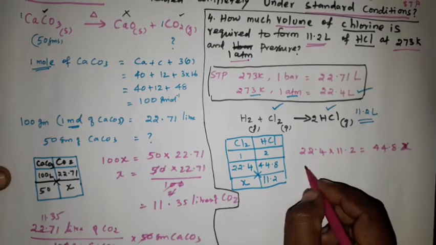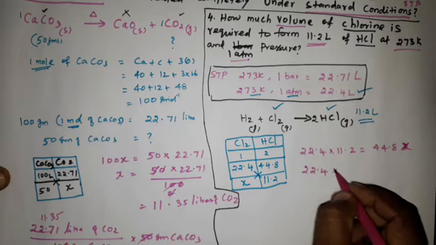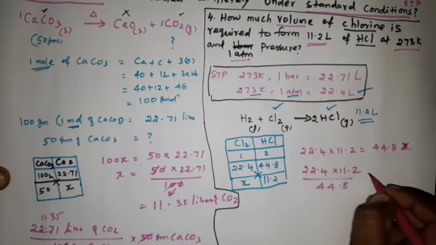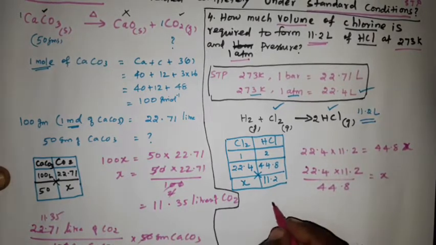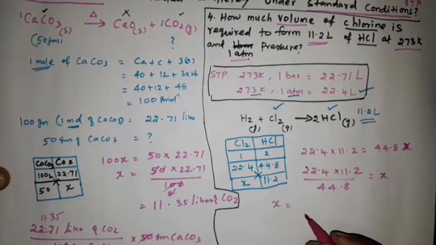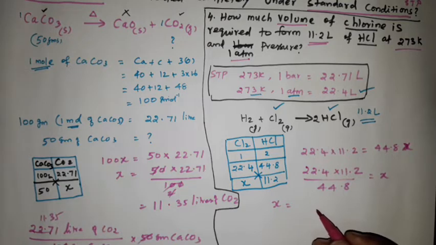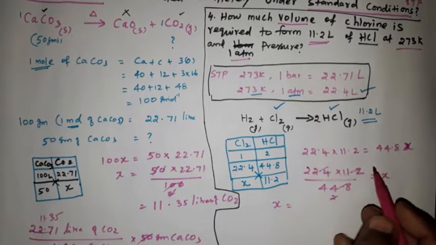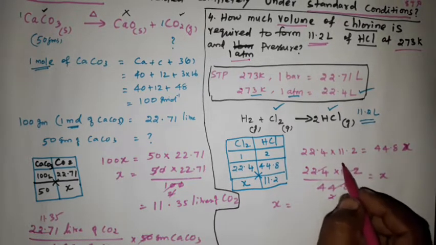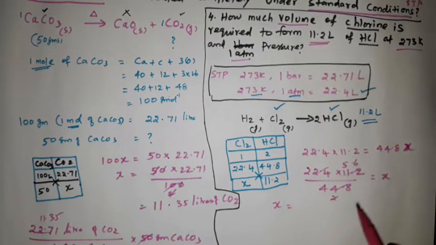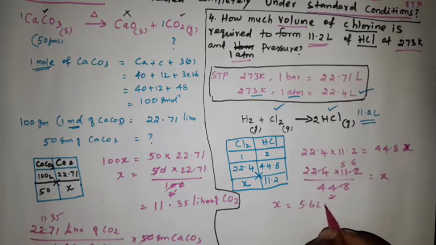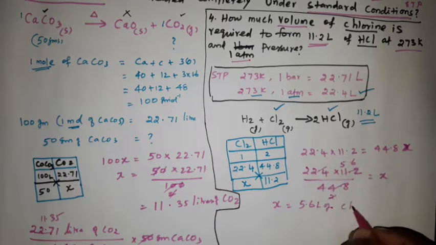Now 22.4 into 11.2 divided by 44.8 equal to x. So x equal to what will be the answer? You can cancel it. This is 1 times and this is 2 times. Then here it will come 5.6. Understood? Okay. So answer will be 5.6 liters of chlorine are required.